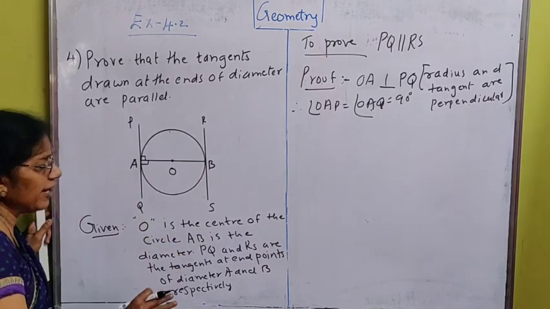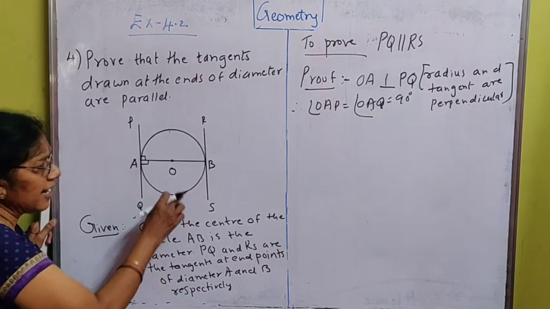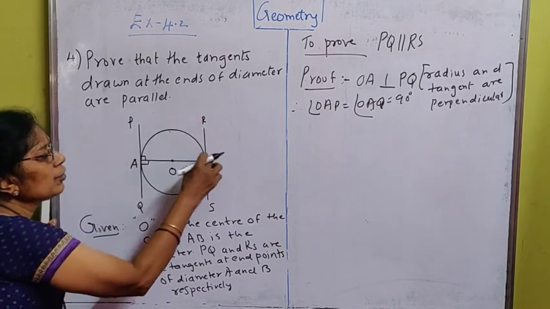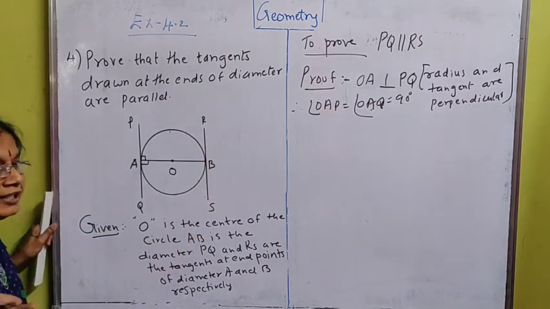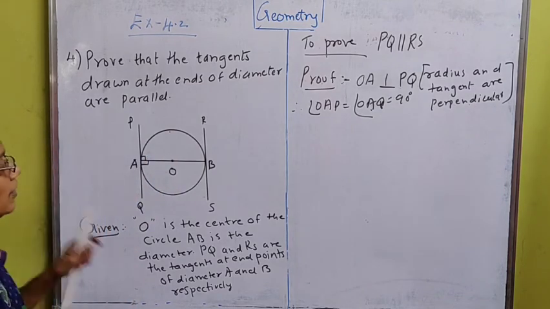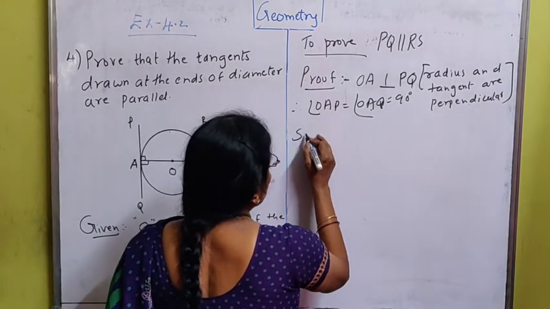In the same way, similarly we can write angle OBR is equal to angle OBS is equal to 90 degree. Reason, radius and tangent are perpendicular.